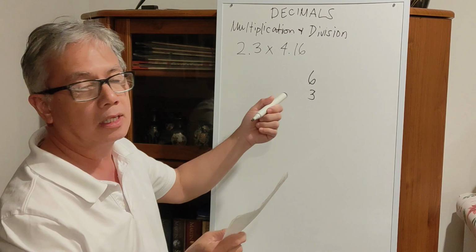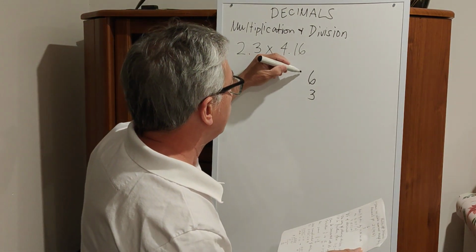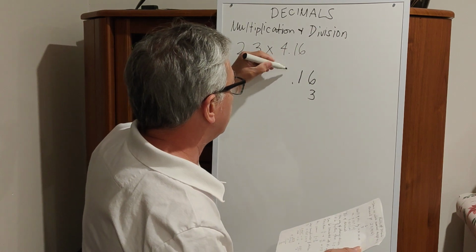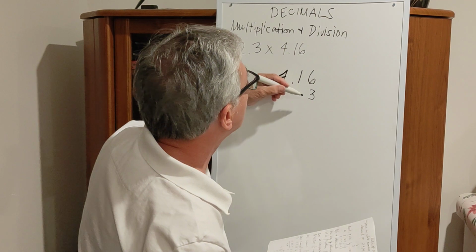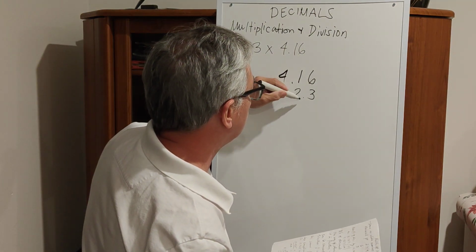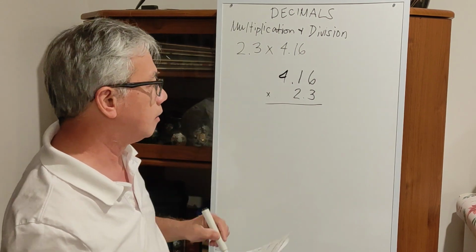And then we put the rest of the numbers with a slight space, to make it easier to compute. So 1 and then 0.4, and then 2.3 will be here.